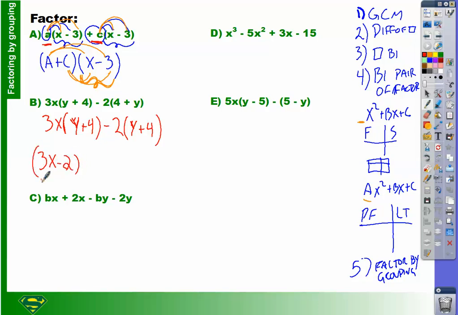And where did you get those two terms, by the way? They're outside of the parentheses. Okay. And then times the quantity y plus 4. And where did you get the y plus 4? Which is inside the parentheses. And if you expand that, or if you do the rainbow smiley faces, you'll get the same one. Excellent.